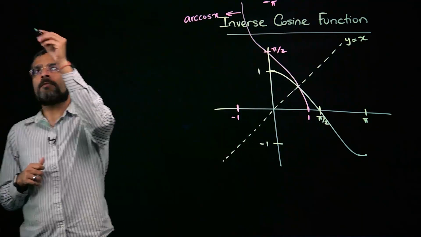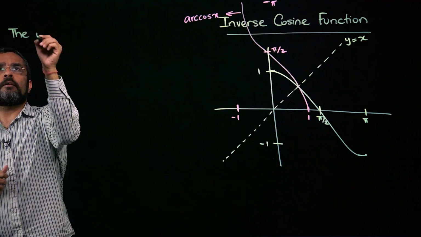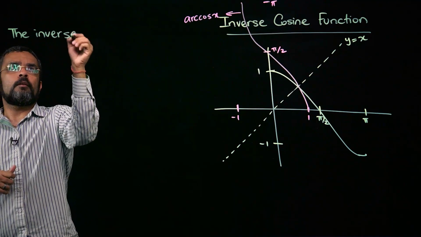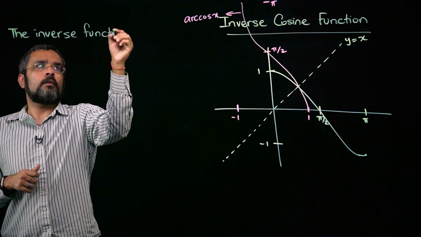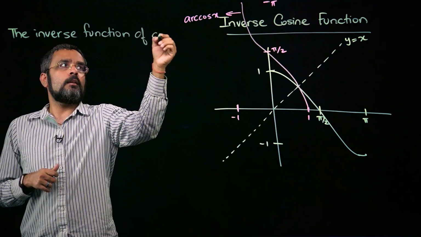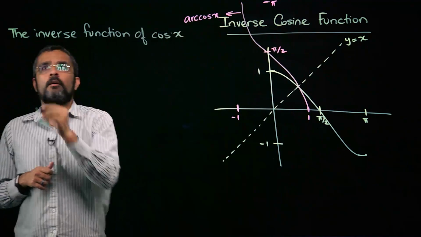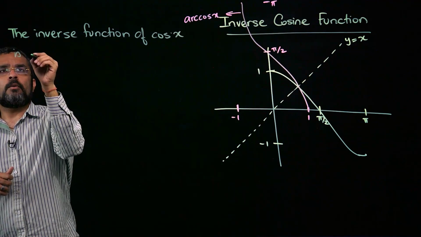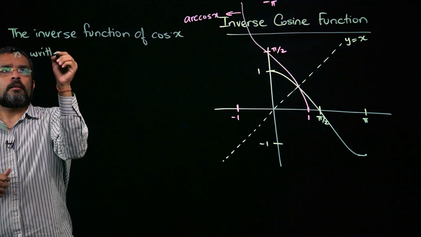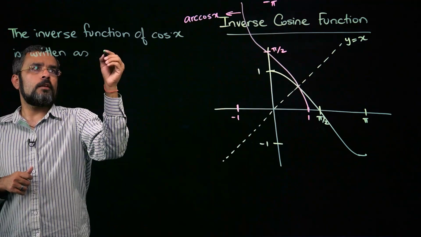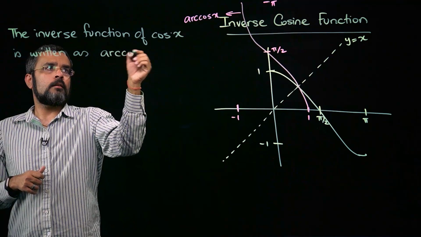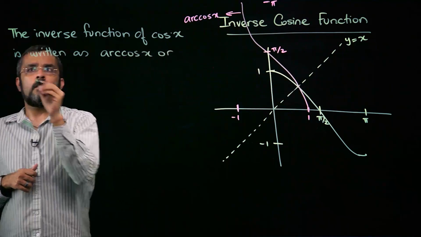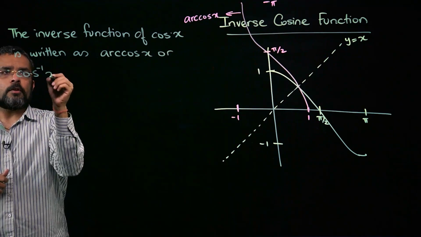Okay, so first of all, the inverse function of cosine is written as arc cosine of x or cosine inverse of x, right?